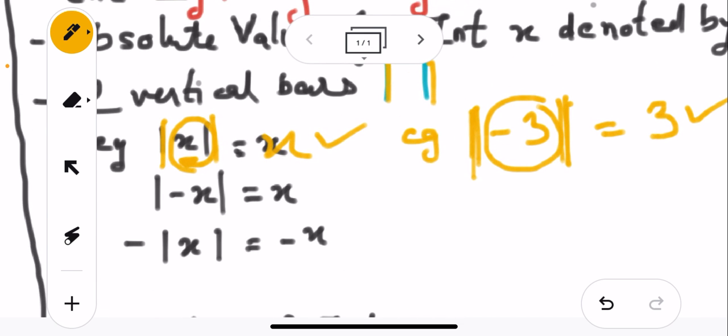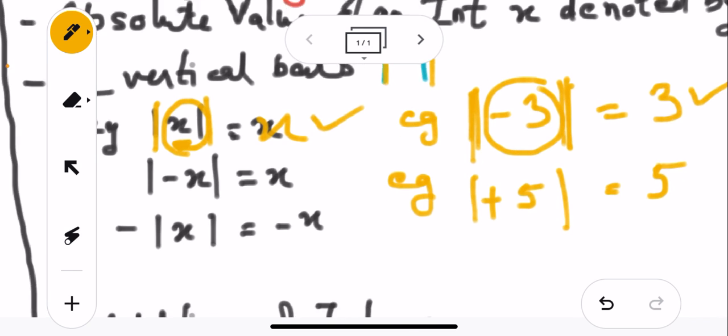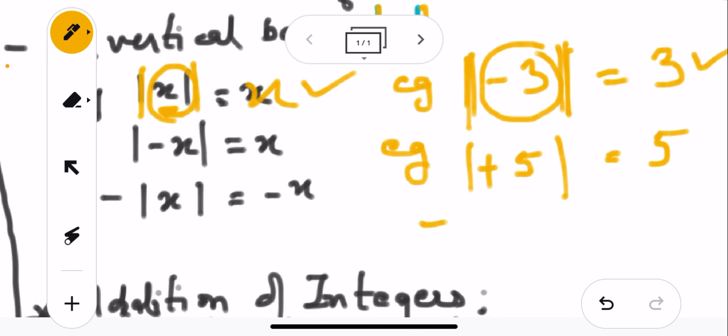One more example I will take. Suppose the absolute value of plus 5, so the answer will be 5 itself. Or the absolute value of, suppose I write minus outside and 12 inside.